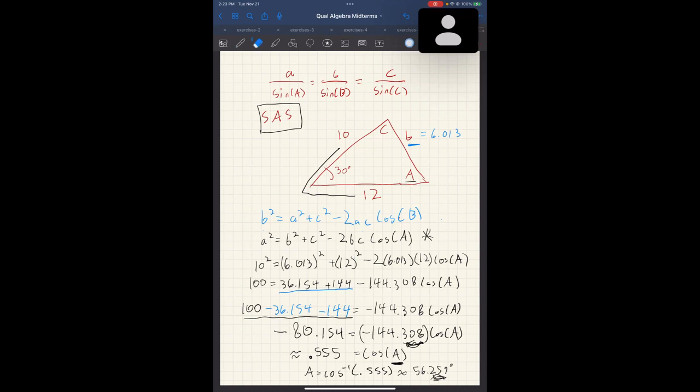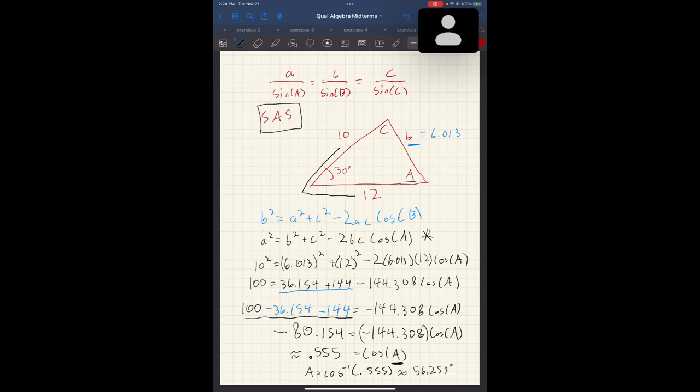That's not a big deal. I may have just typed a decimal in wrong somewhere along the way. But if your number is close to this, then that's good. Just off by maybe 1/100 of a decimal. Okay.